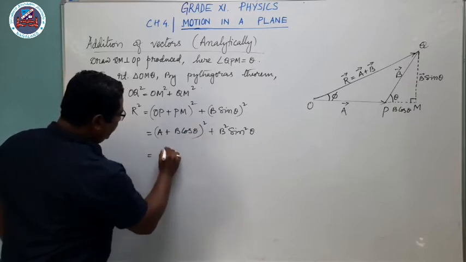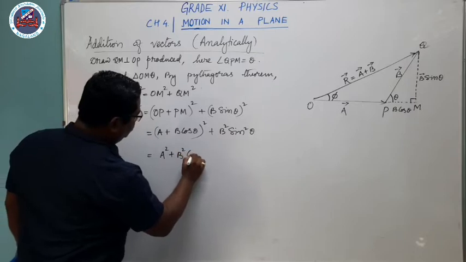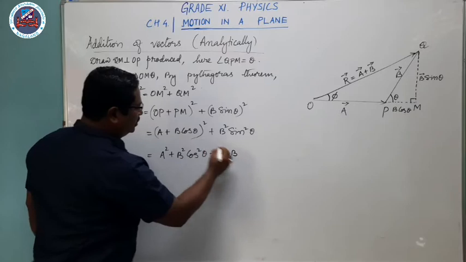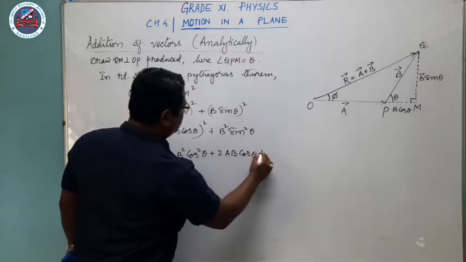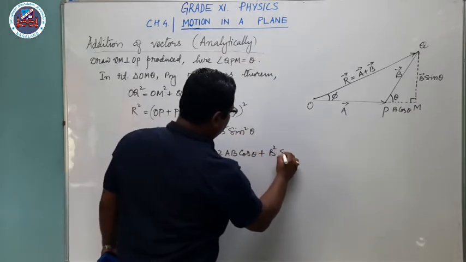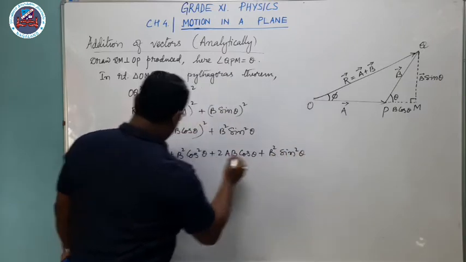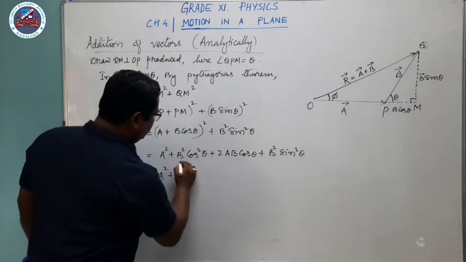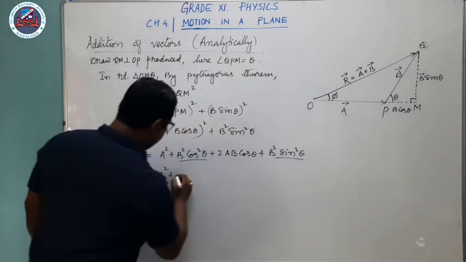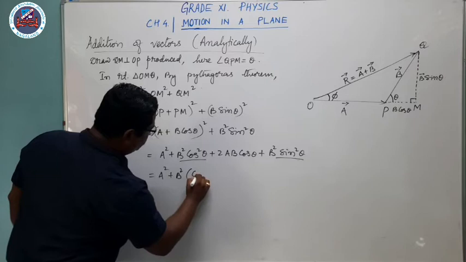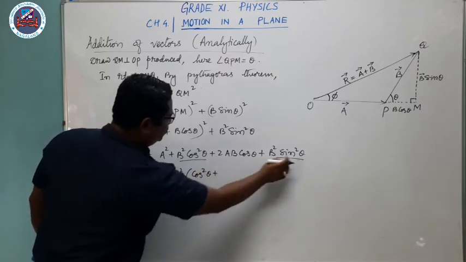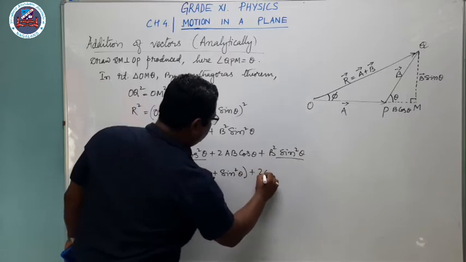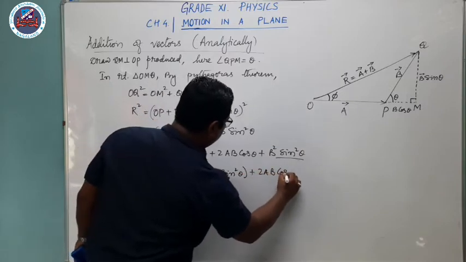So you write A square plus B square cos square theta plus 2AB cos theta plus this last term, B square sine square theta. Here B square is common, so B square into cos square theta plus sine square theta, plus 2AB cos theta.